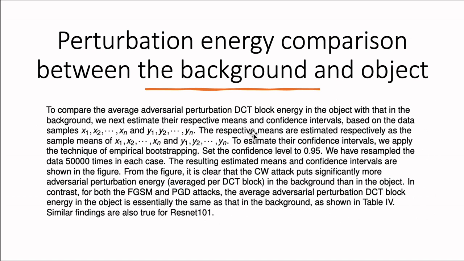To estimate their confidence interval, we apply the technique of empirical bootstrapping and set the confidence level to 0.95, and we have resampled the data 5,000 times for both ResNet 18 and ResNet 101.